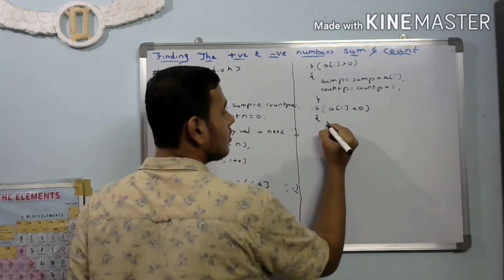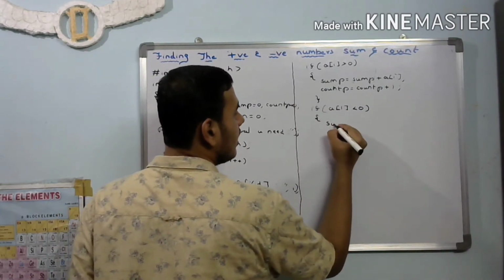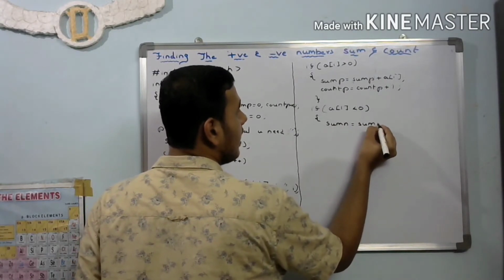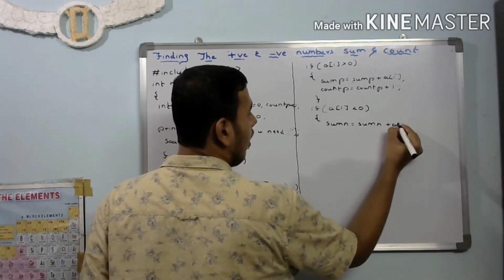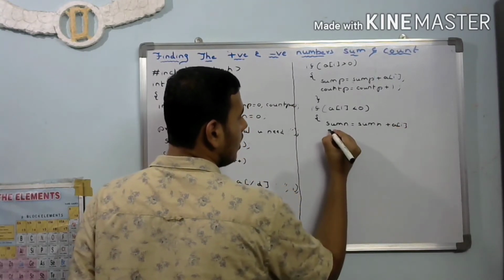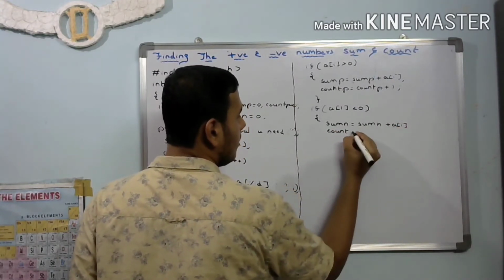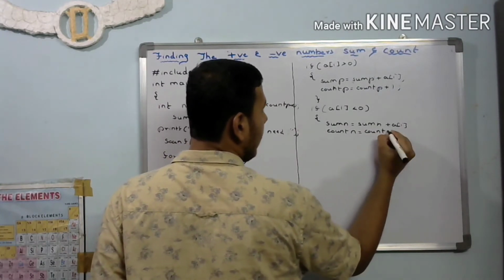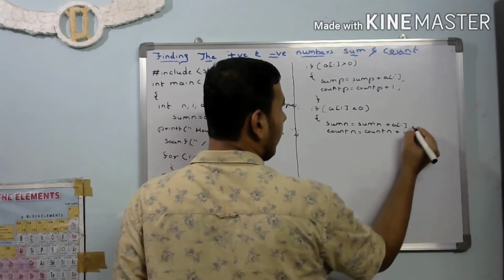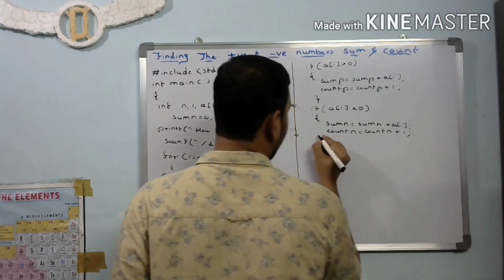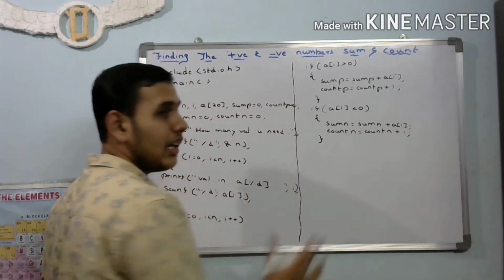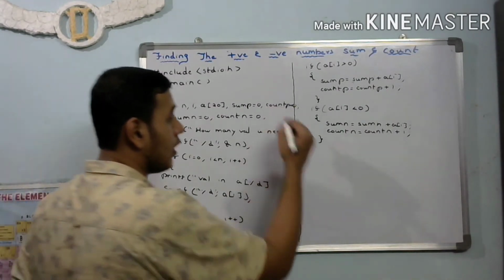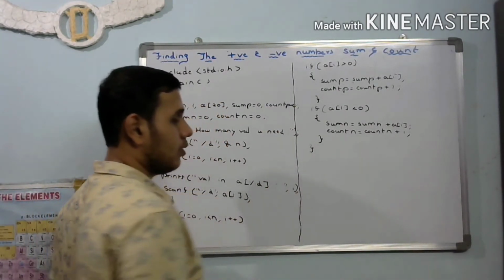In that if part, sum n is equal to sum n plus a of i, count n is equal to count n plus 1. So the main logic of the program is completed. Now it's time to print it. Let me close this for loop here.